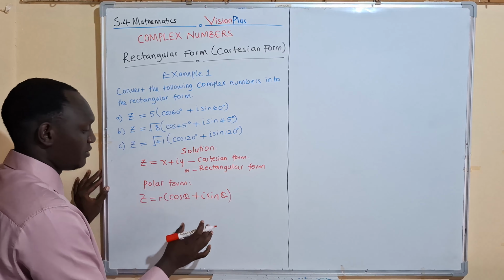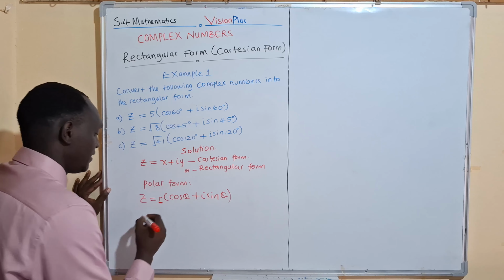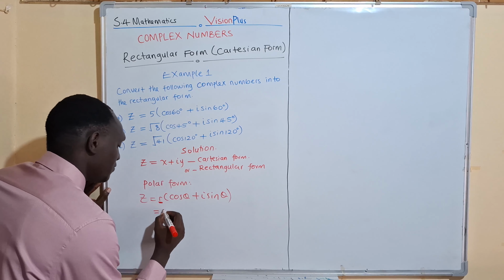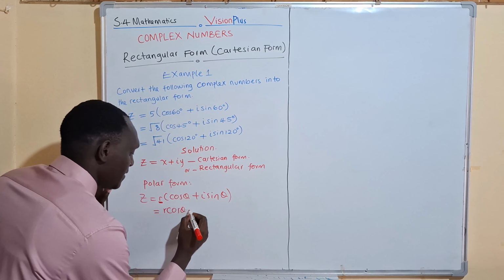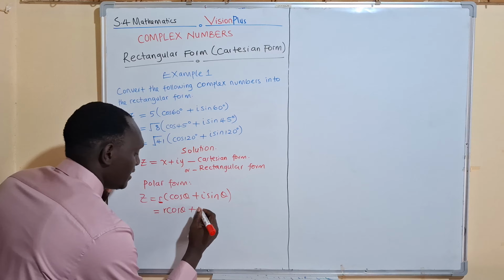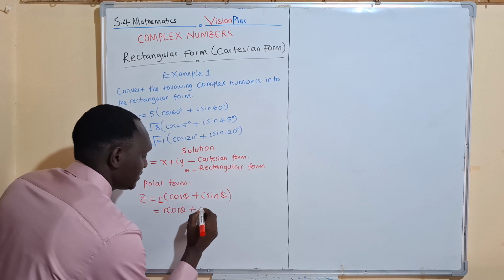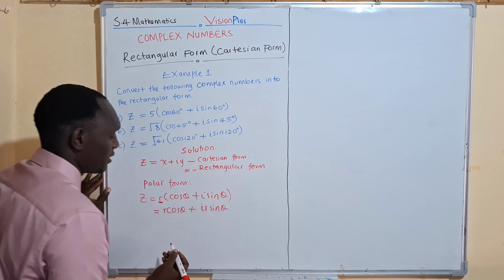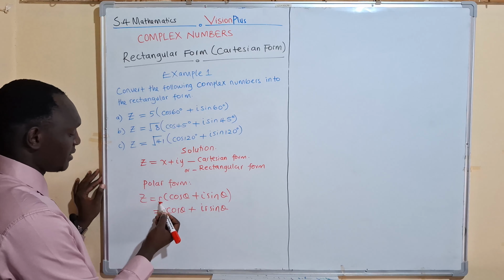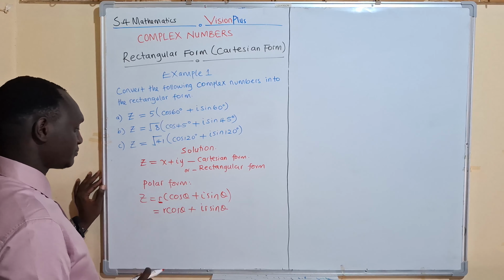How we came here was that we had factored out r. So initially this formula was in the form r cosine of theta plus i r sine of theta.